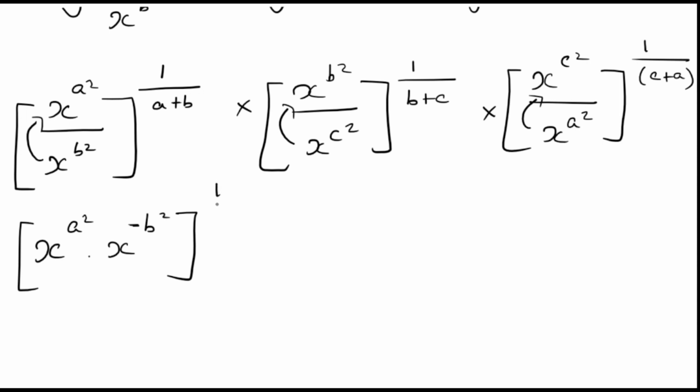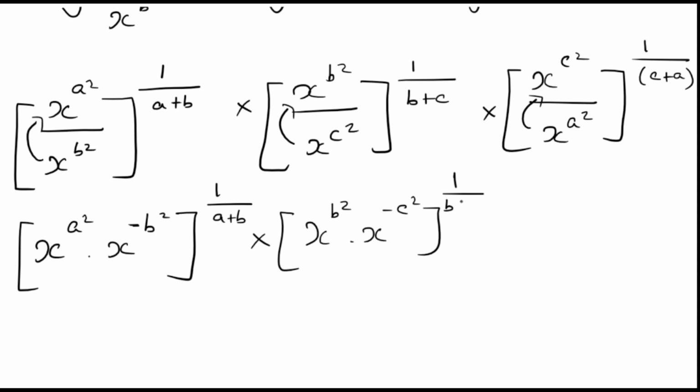The whole to the power 1 divided by a plus b into x to the power b square into x to the power minus c square, the whole to the power 1 divided by b plus c into x to the power c square into x to the power minus a square, the whole to the power 1 divided by c plus a.